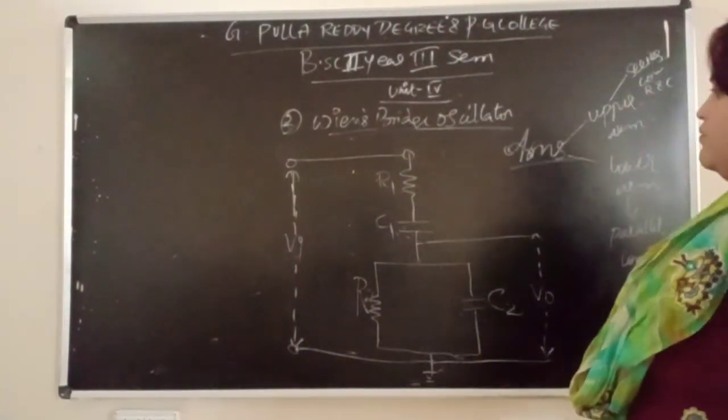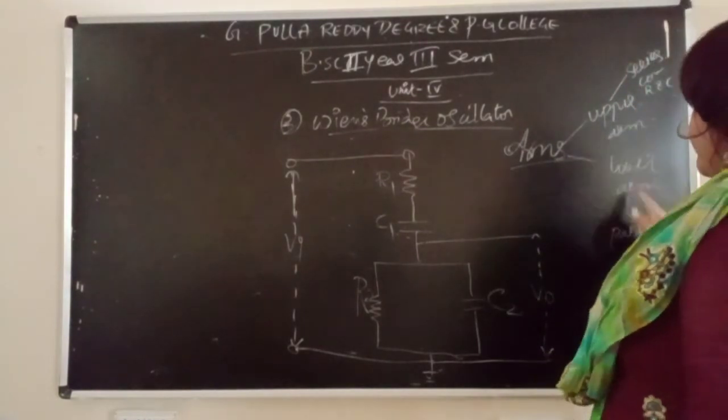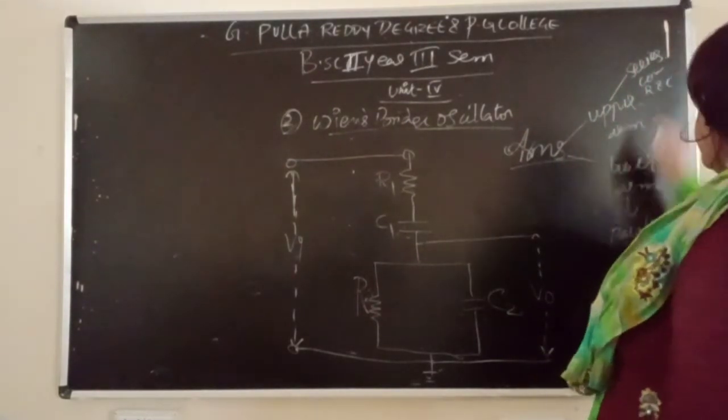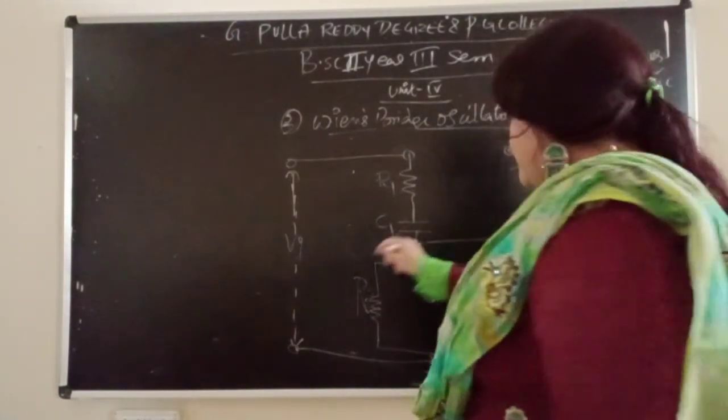So this bridge network consists of two arms, upper arm and lower arm. The upper arm is connected in series and the lower arm is connected in parallel.